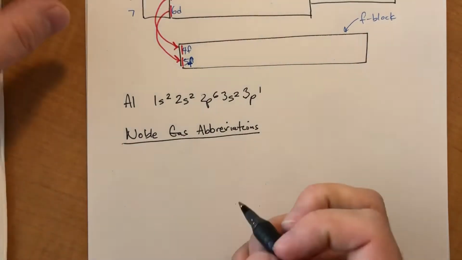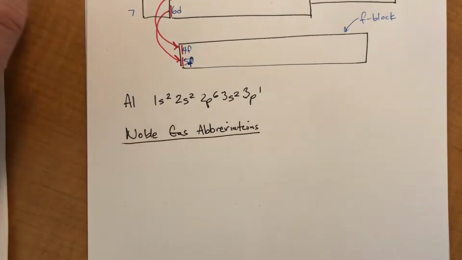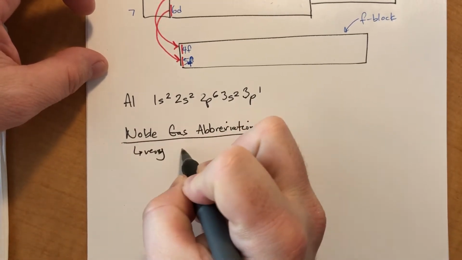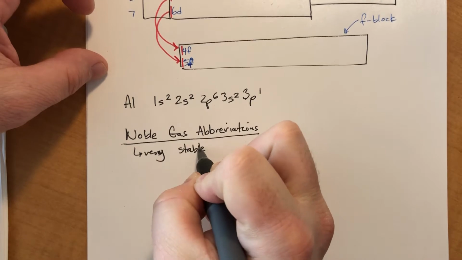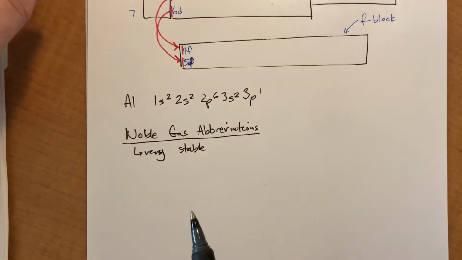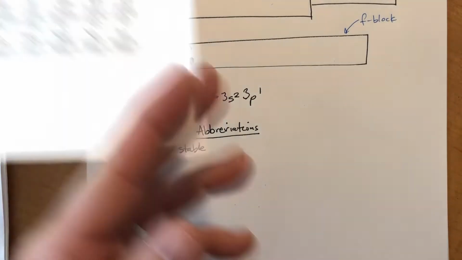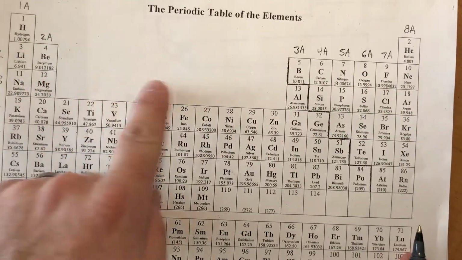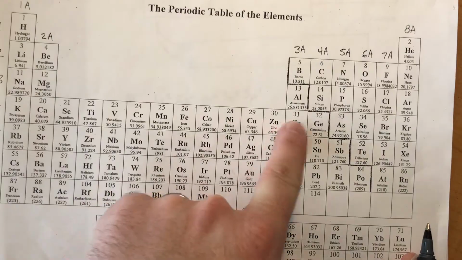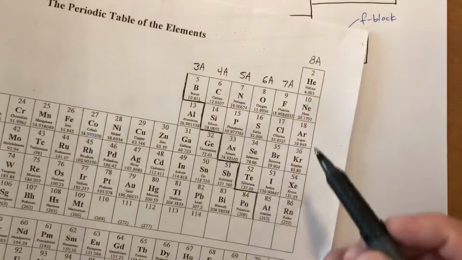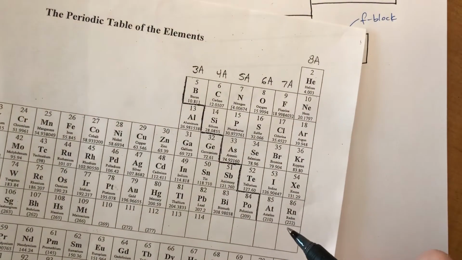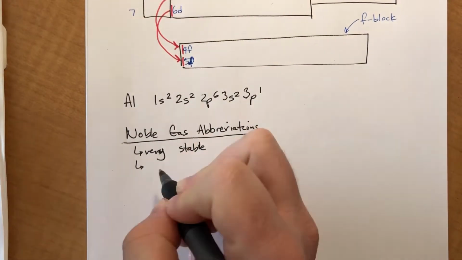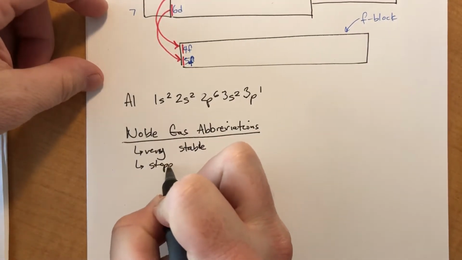Okay, noble gases are really, really stable, and we kind of use them as stopping points along the way. So if you're going 1s2, 2s2, 2p6, 3s2, 3p6, 4s2, 3d10, 4p, whatever, okay? We're gonna use these as landmarks along the way to keep track of where we're at. We use them as stopping points.